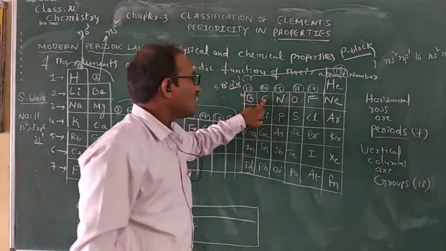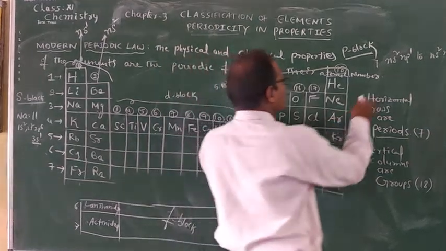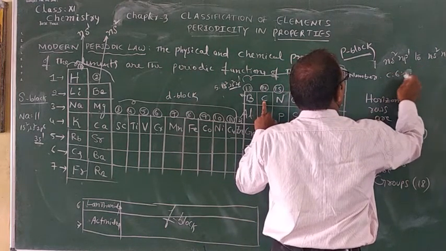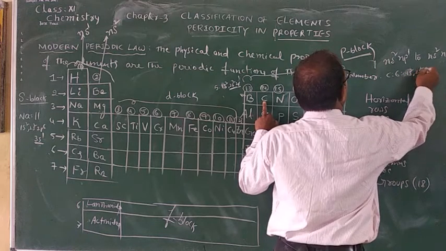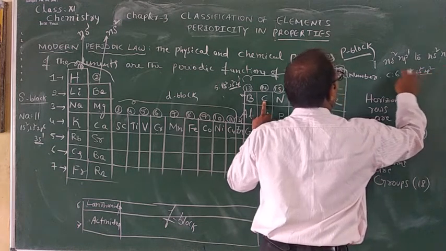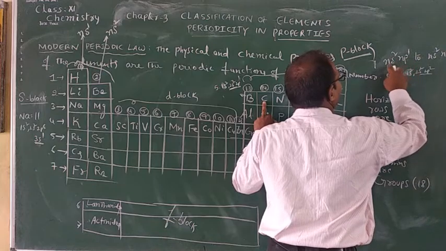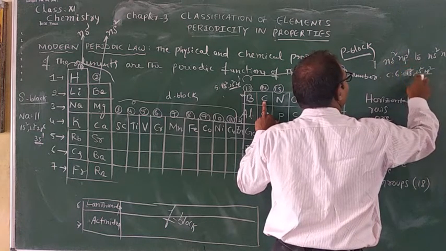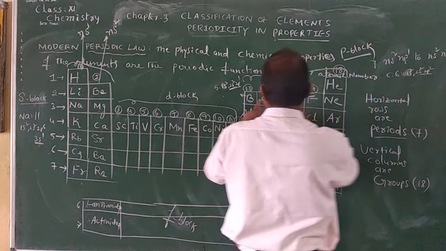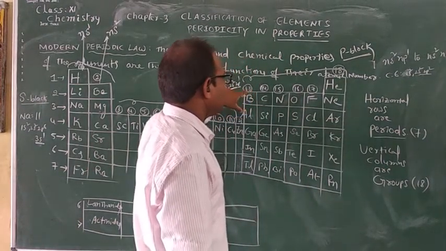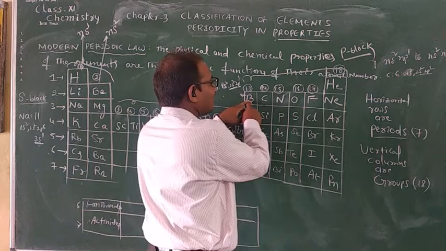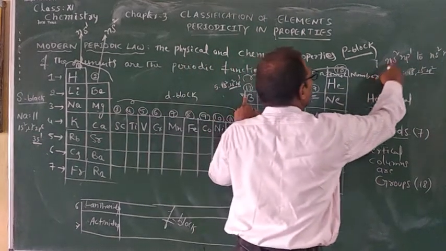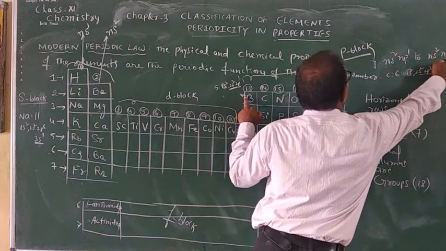See for example carbon. Carbon has atomic number 6, electronic configuration 1s2, 2s2, 2p2. So these p block elements have the general electronic configuration ns2, np1 to ns2, np6.